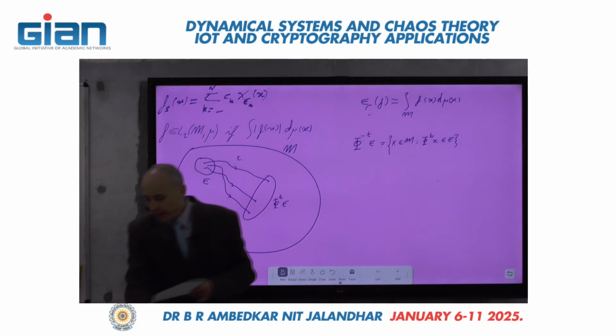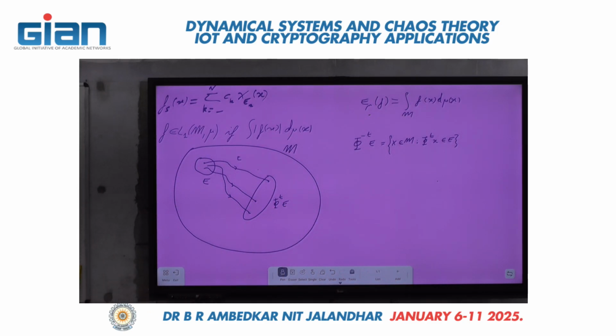You can do the pre-image for the logistic map. You have the parabola, and now you want the pre-image of this set E. It is the union of 2 sets, this one and this one.